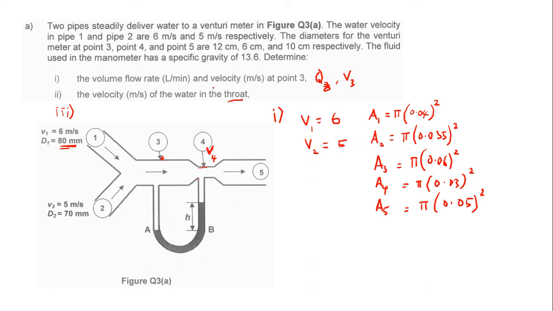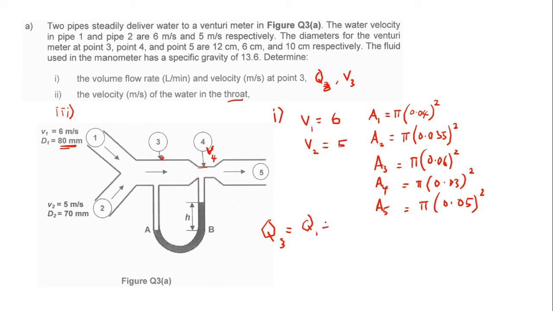So now they ask you to find the Q at point 3 and the velocity at point 3. What do we use for Q3? How do you find Q3? Q1 plus Q2. Good.